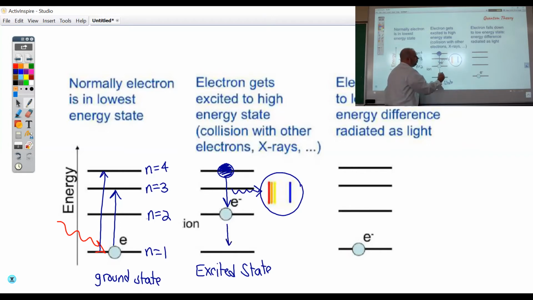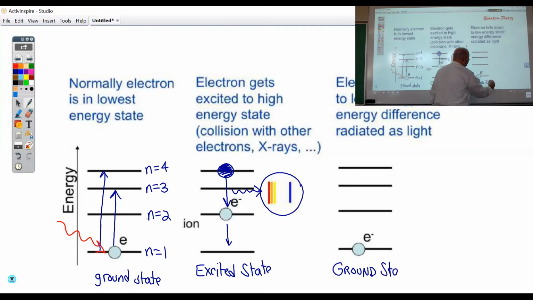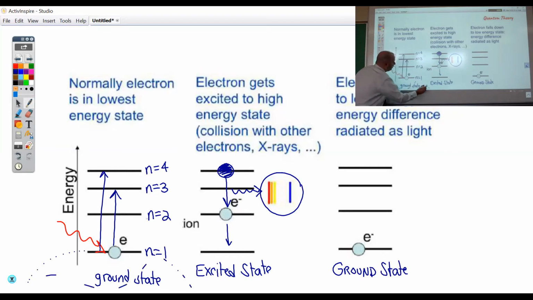Eventually, that electron will continue to fall back down until it returns to the ground state. This picture is essentially the exact same thing that was going on the previous slide. Imagine that these lines here were to extend like this, and you would have the same exact circles, or energy levels, that we had on the previous slide.